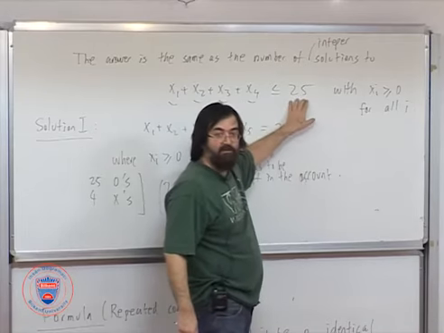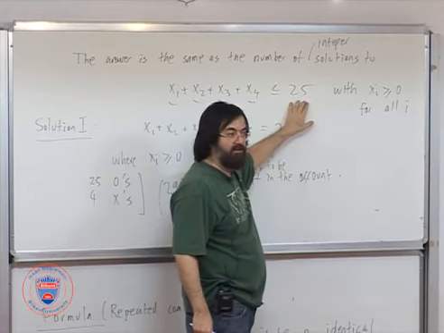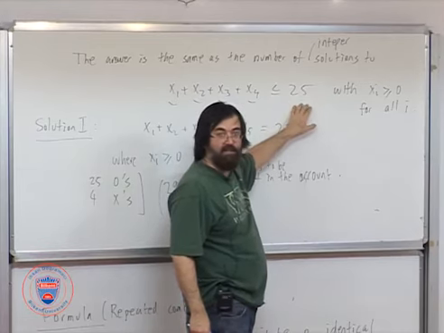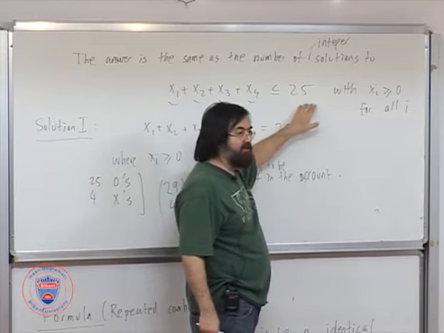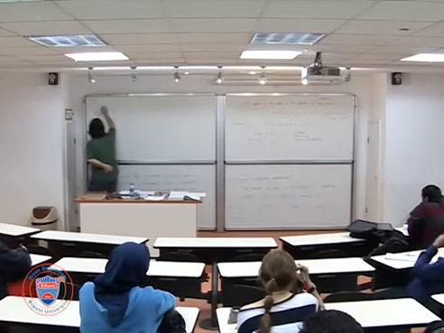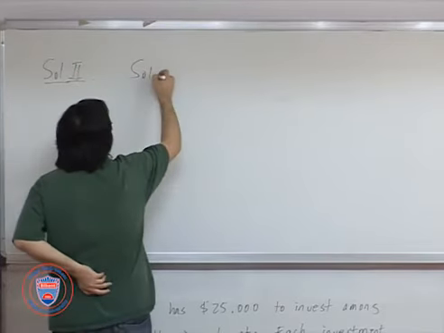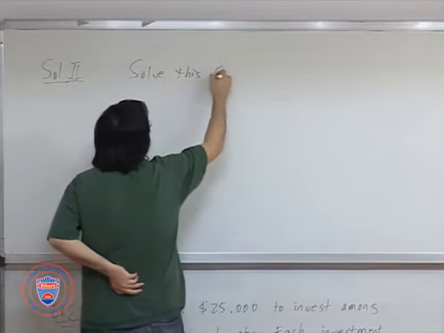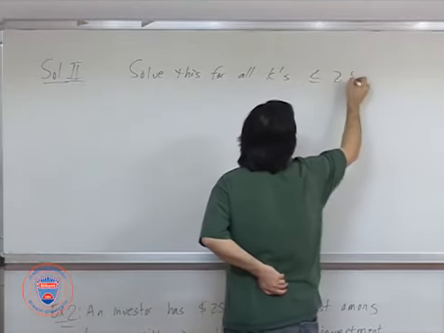First you will do it for 25, then you will do it for 24, do it for 23. So why not make it equal to any number less than 25? So this is solution 2. Solve this for all the k's less than or equal to 25.